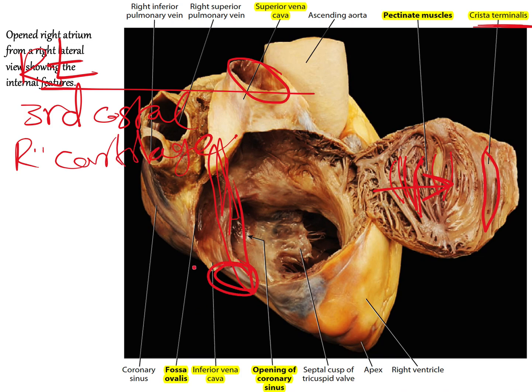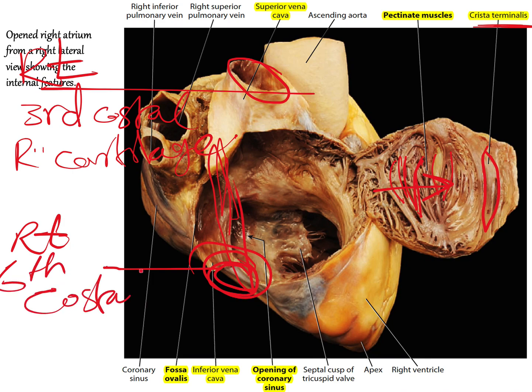But the inferior vena cava, which is larger than the superior vena cava, pierces the heart at the level of the right sixth costal cartilage.